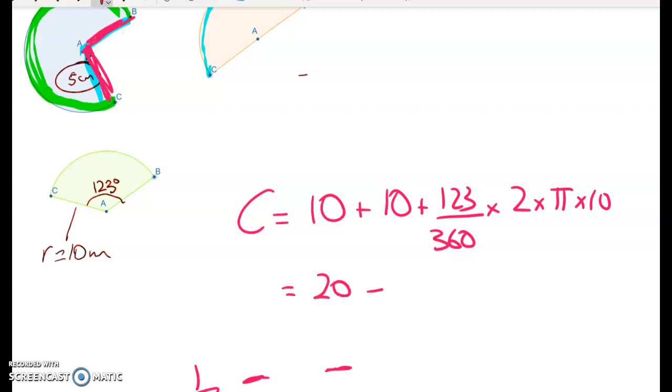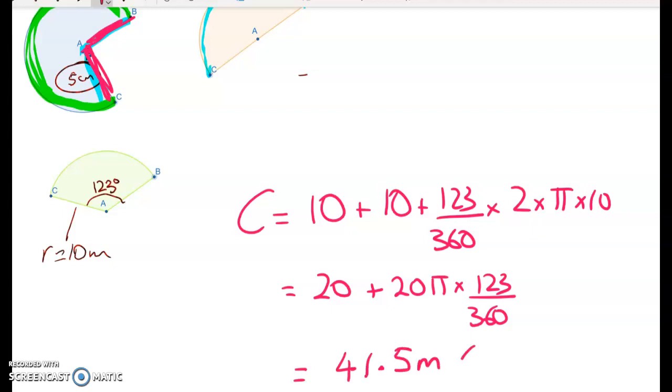So that's 20 plus 20 pi times the fraction. And when we chug that into our calculator, what do we get? Well, I ended up with 41.5 meters to 1 decimal place.